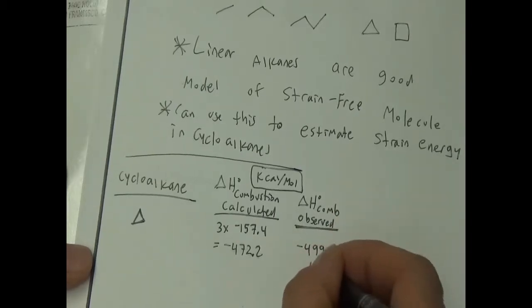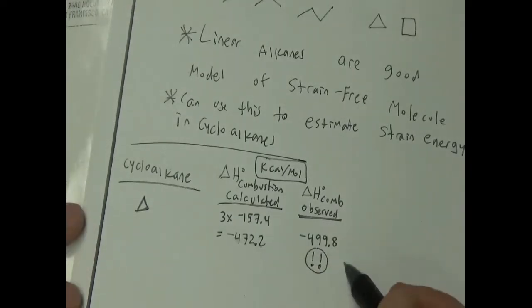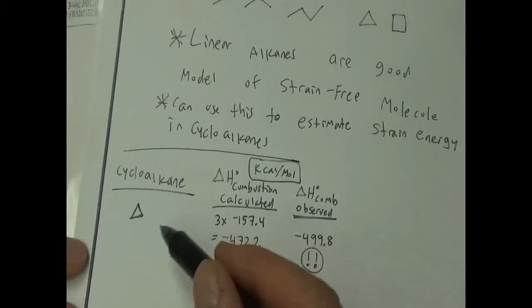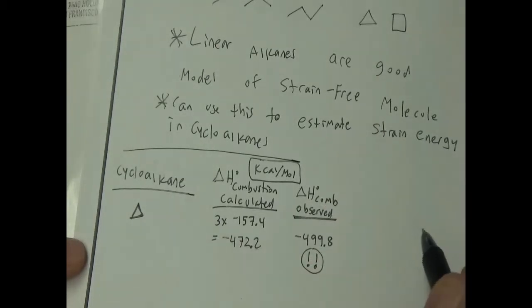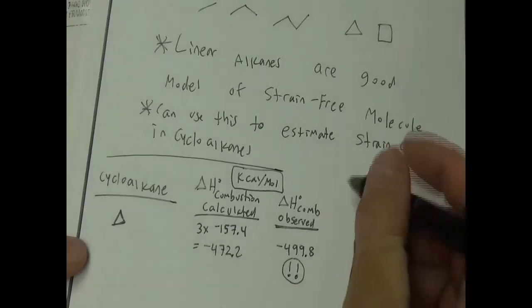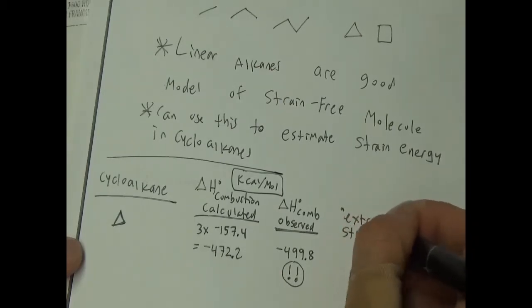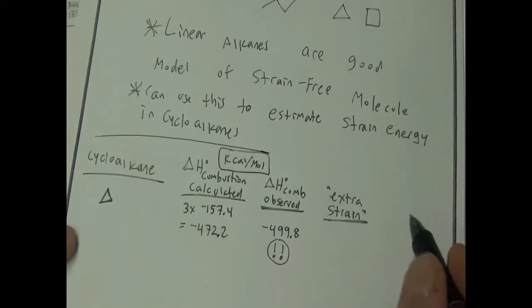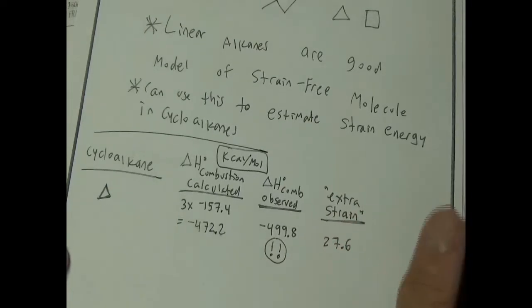And that's actually quite a bit more energy than we calculated. So what's cool is that this will calculate the amount of strain per CH2 in a molecule like cyclopropane. So what we do then is we say extra strain. Extra strain is basically the difference of that minus that, and it's 27.6 kilocalories per mole.